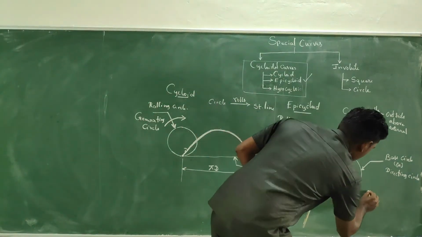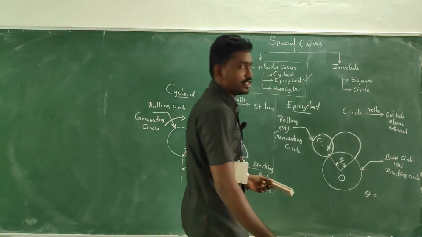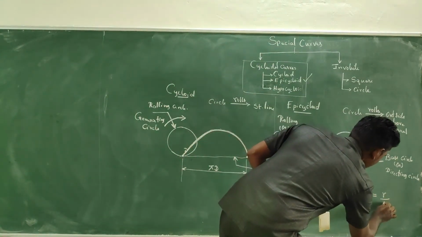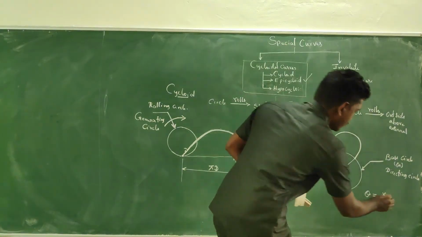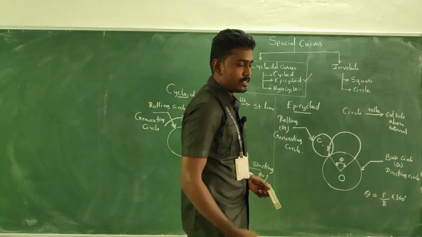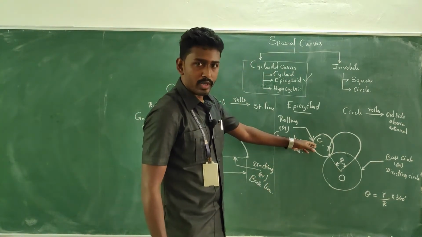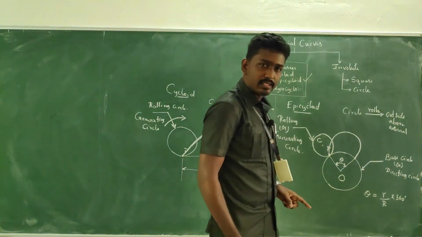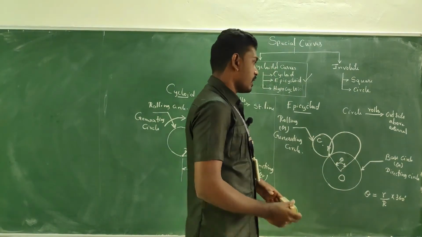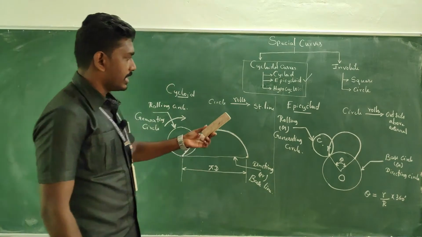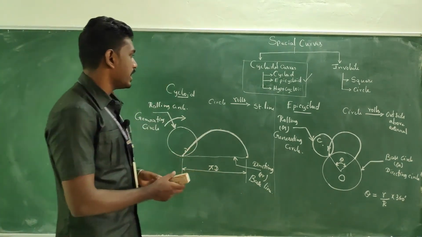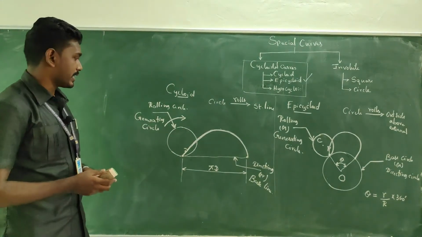We calculate theta using the formula small r divided by capital R into 360. Small r is the radius of the rolling circle, capital R is the radius of the base circle. Okay. I hope you understood the epicycloid concept, and we can move to the next one, hypocycloid.